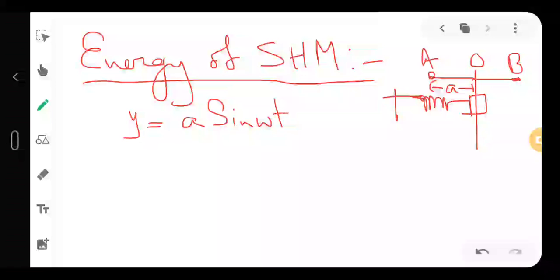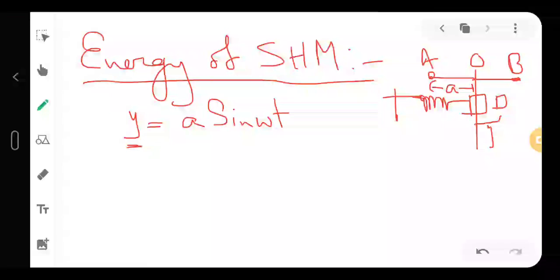Now if this is the situation, we can also find the velocity, because we know the displacement with time. So here y means the displacement from the equilibrium point. Let's say the bob is here at y distance.